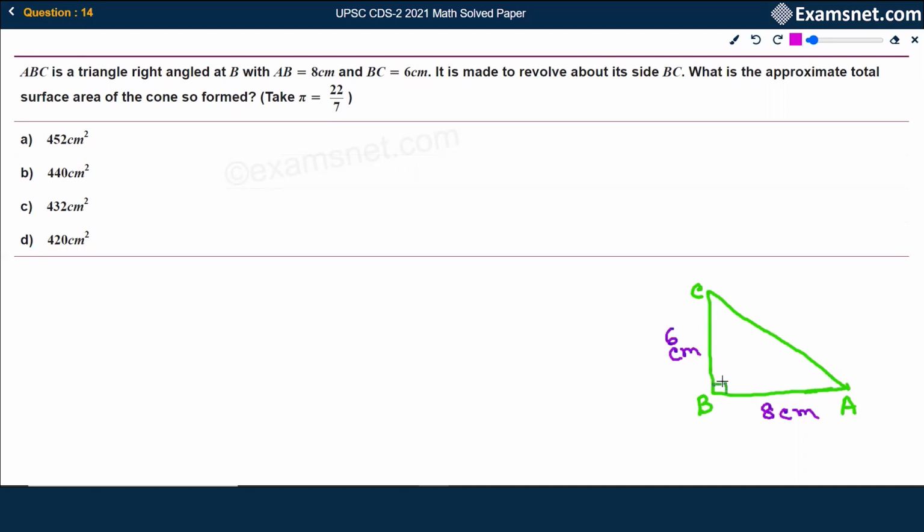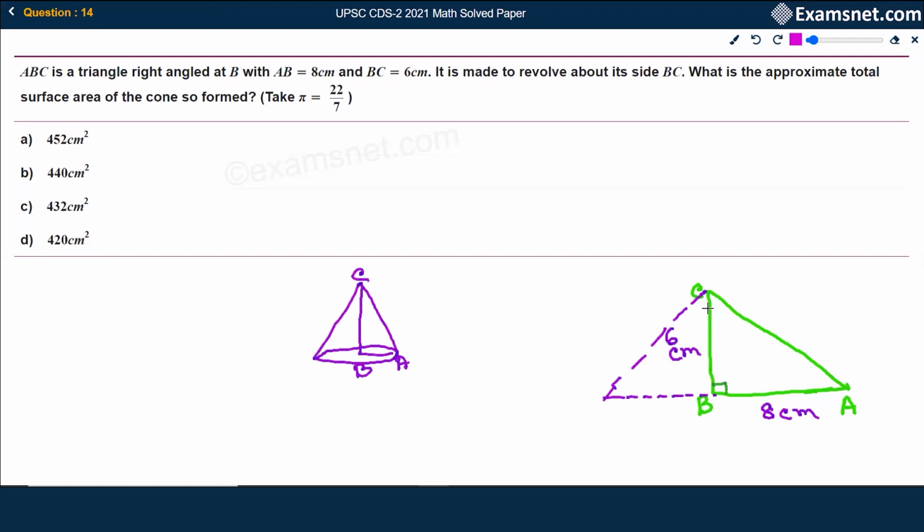Look, if we take BC as the axis and rotate the side AB through a 360-degree angle, then we can see there will be another portion like this. If I draw it, it will look like this, where this is A, B, C.